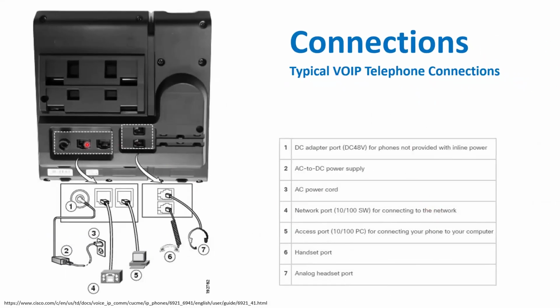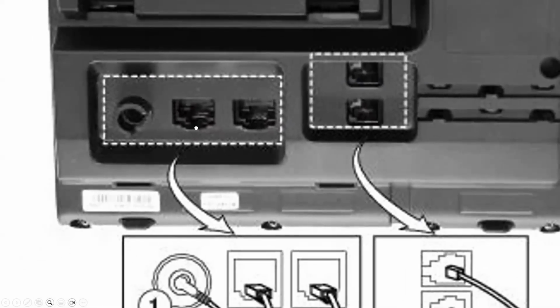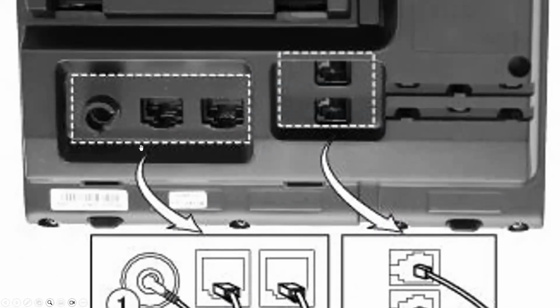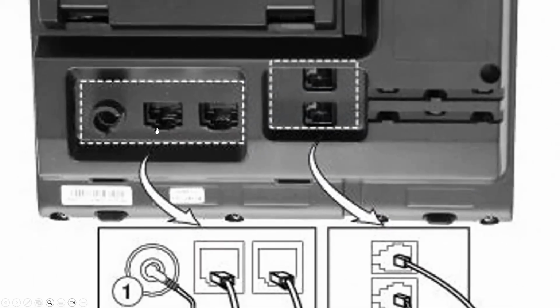That's what it looks like here. You would have things labeled, right? So one to the network and one to the PC, or maybe some kind of icons, where one looks like a computer and the other one looks like a telephone.